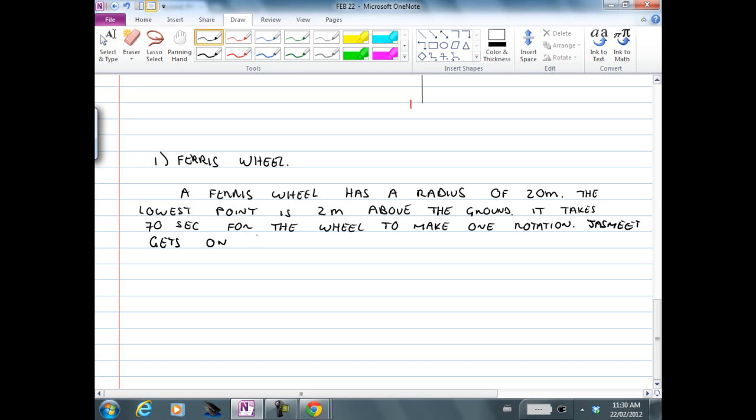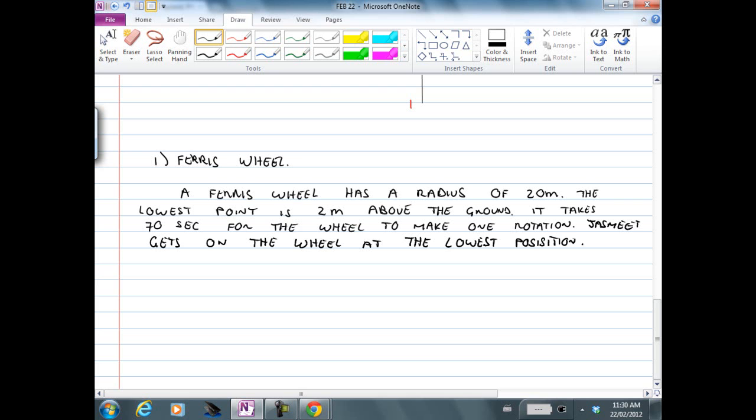You need your mom here. Jasmeet gets on the wheel at the lowest position, because you can't really get on when it's in midair. At the lowest position.